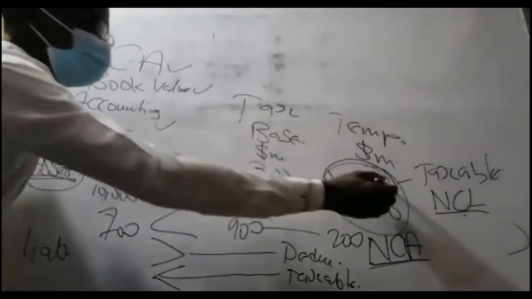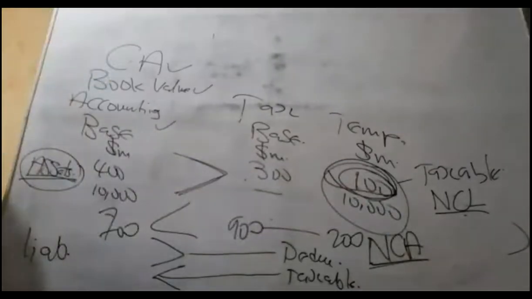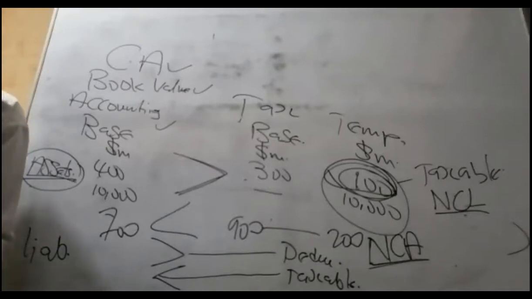Just use this as the temporary difference. At the end of the reporting period, the accounting base of the net asset of the company exceeds the tax base by 100 million. That means the temporary difference is 100.